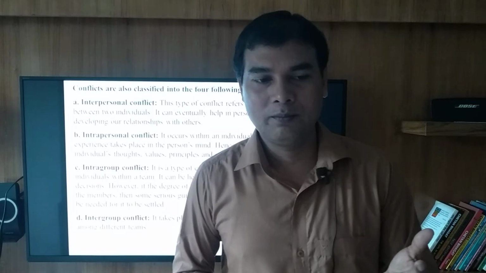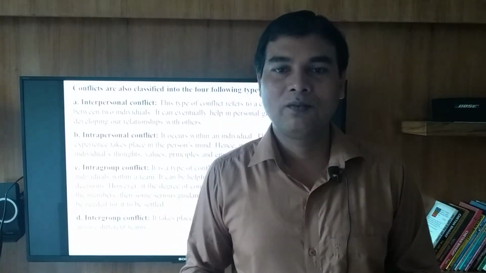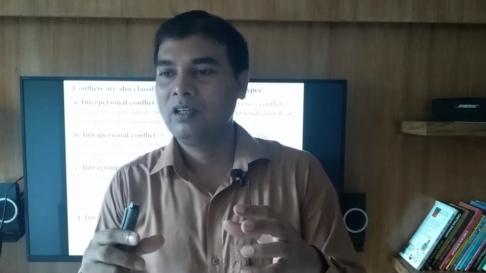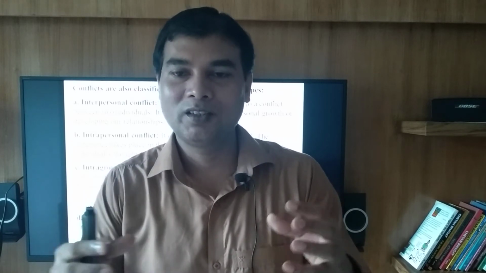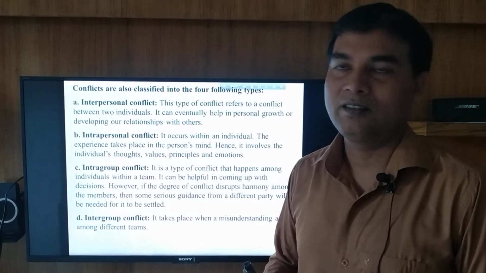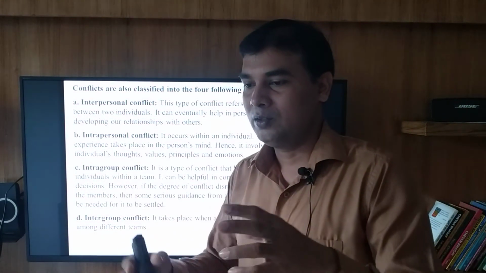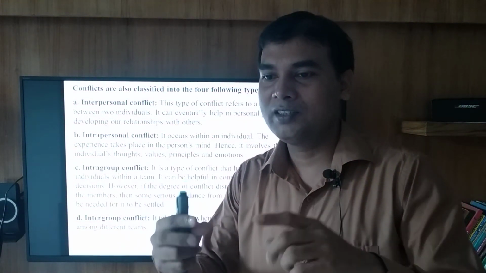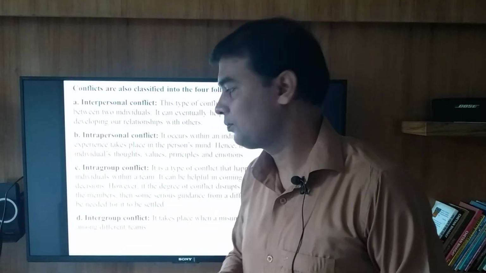It might be Junior Democratic Party, it might be Youth Democratic Party. Now there is a conflict on an issue between the Junior Democratic Party and the Youth Democratic Party. So this is called intragroup conflict. I mean, conflict within the two organizations within a big party.